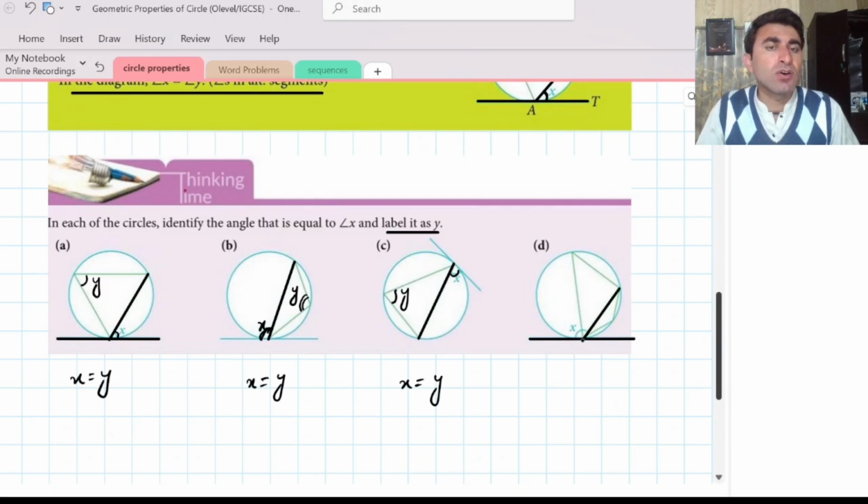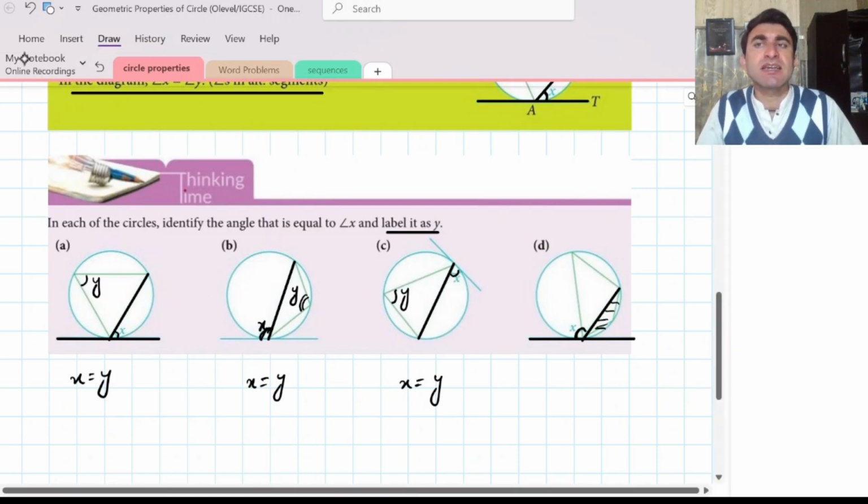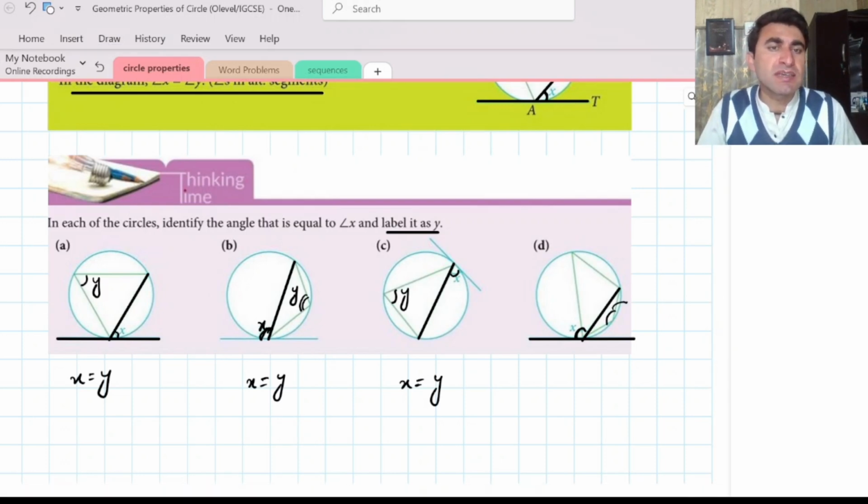This angle x is made in the major segment, so this segment over here is the alternate segment in this case, and the angle in this segment is made at this point. So this angle over here equals angle y, or directly it equals x.